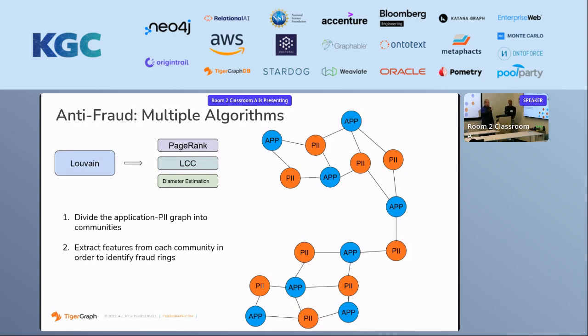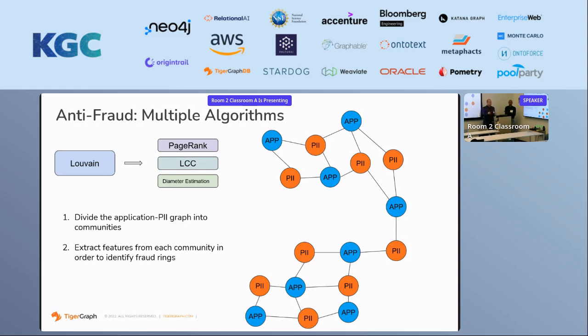And you can see here's a set of personally identifiable information and applications. What happens in this world is that people generate synthetic identities, little Kumar, little Michael, little Jay, and all of a sudden they have a new identity, and then they open an account. And that's what the application part is.